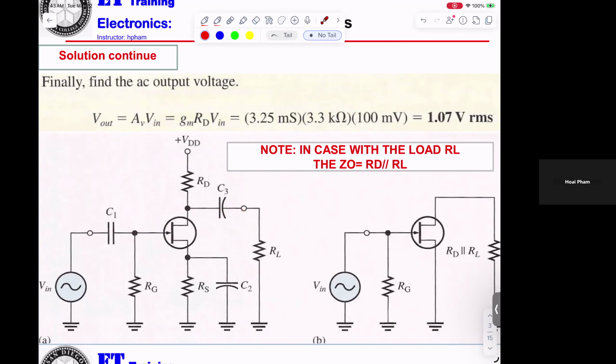What does that mean? That means at the drain here, okay, you get the sine wave coming up at the drain, and also you get the VD DC.